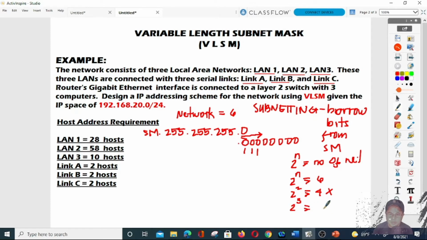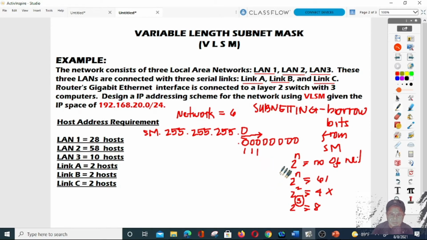It should be equal to or greater than the original, which is 6. 2 raised to 3 is equal to 8. Since it satisfies this equation, because the equation tells us it should be equal to or greater than the original number of networks, in this case, we need to borrow 3 bits.